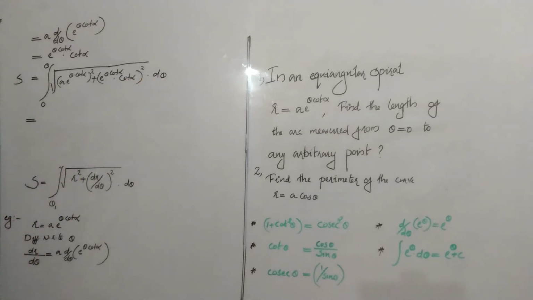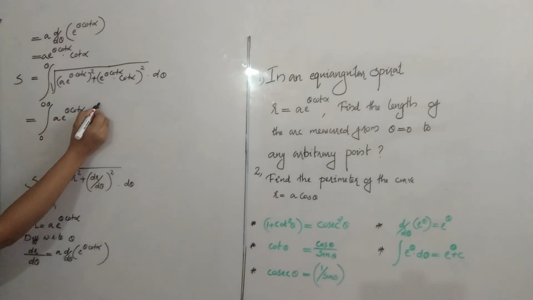Is equal to, here a e raised to theta cot alpha is a common term in both functions, so we can take it outside, a into e raised to theta cot alpha.